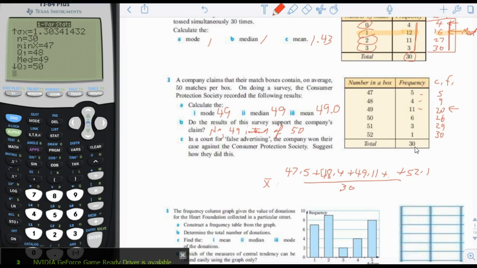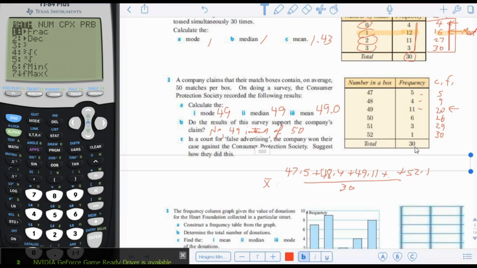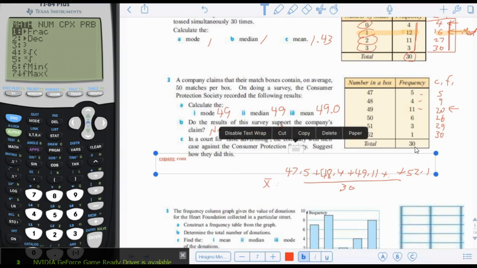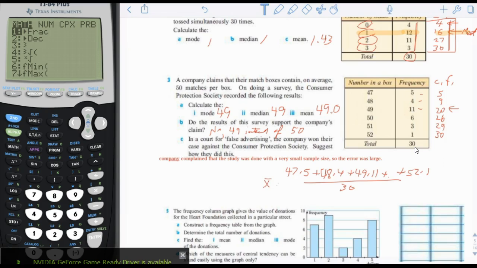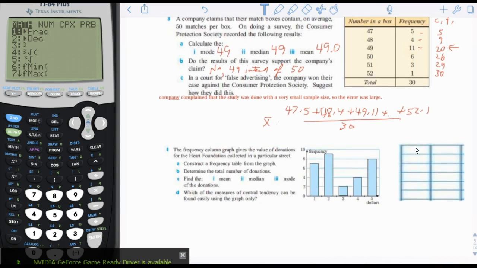So maybe the company complained that the study was done with a very small sample size, so the error was large. They might actually have 50 and the study wouldn't have known.